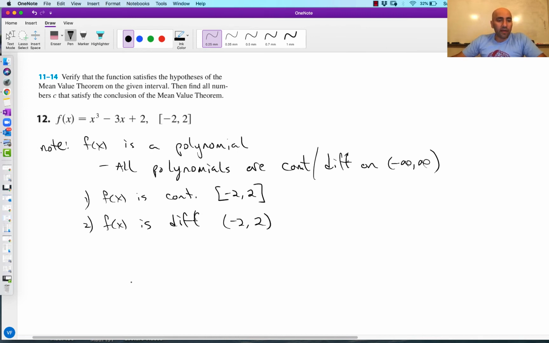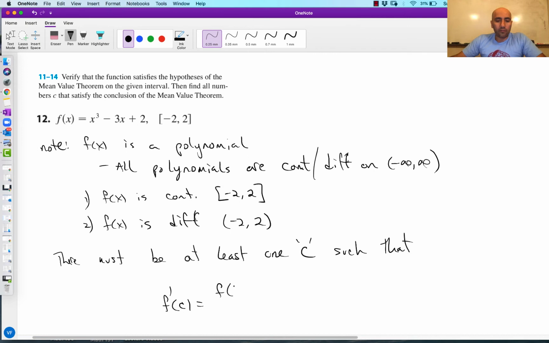So by the mean value theorem, there must be at least one c such that f prime of c equals f of b minus f of a, all over b minus a.